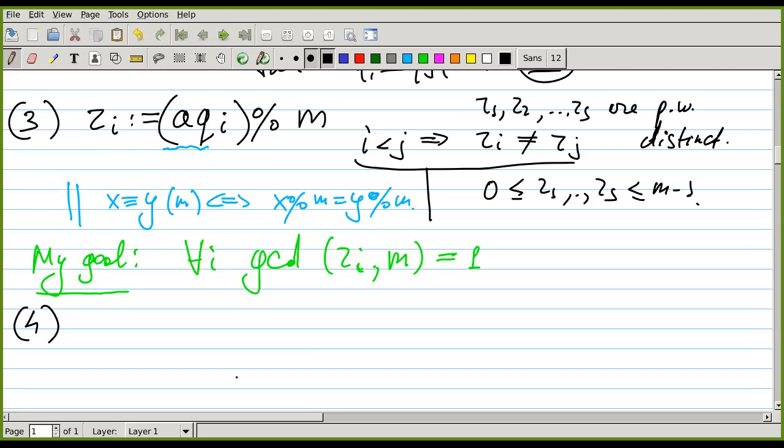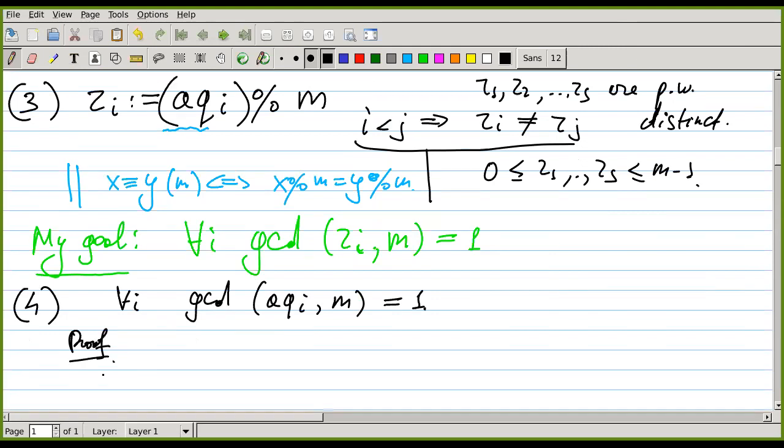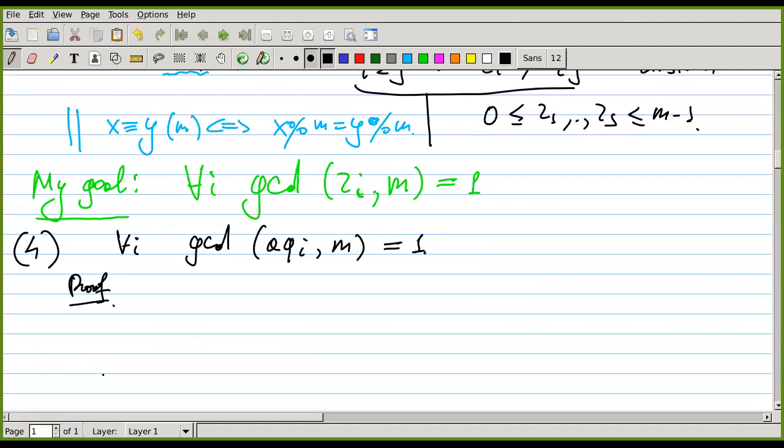Let's prove this fact. In order to do that, first I want to prove that aQi is co-prime to m. Let's prove it. You know that in order to prove that two numbers are co-prime, it is enough to prove that every common natural divisor is 1.